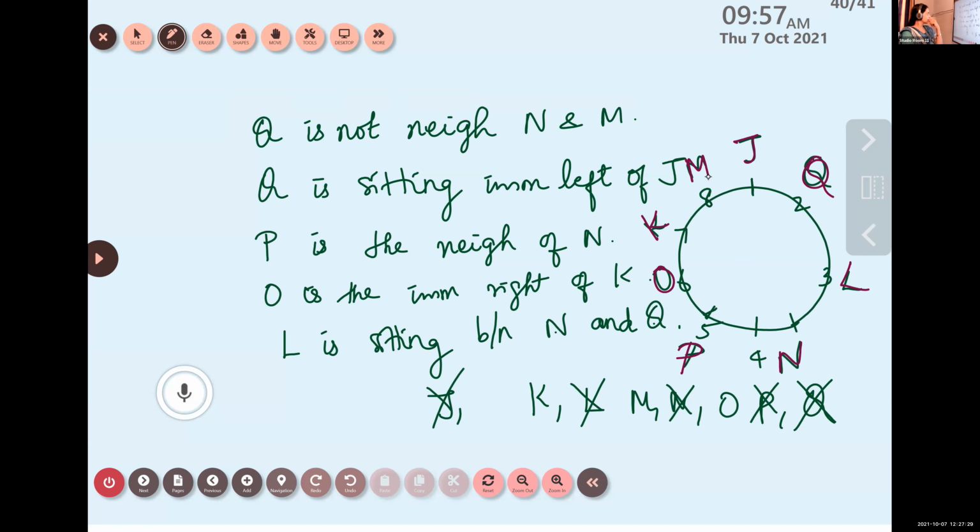I think we missed out one condition. P is the neighbor of N. Yes, it is there.